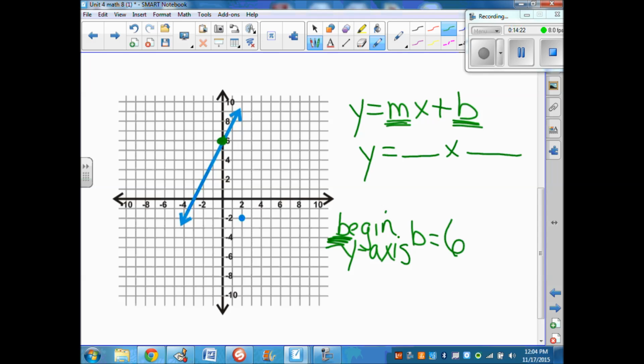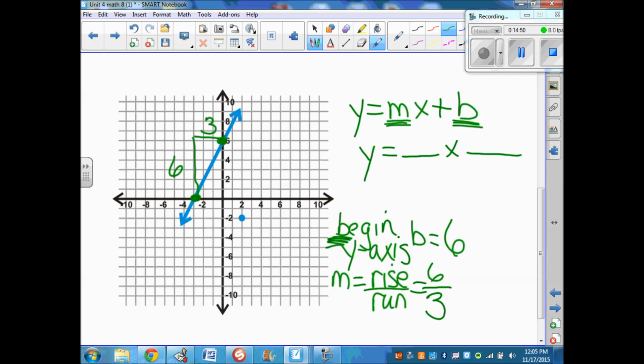Now I need my slope, or my rise over my run. So I'm going to pick this point here, and I'm going to go up 1, 2, 3, 4, 5, 6, and over 1, 2, 3. So my rise was 6, and my run was 3.